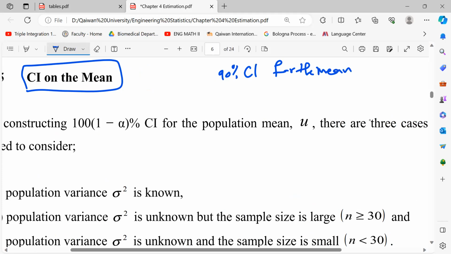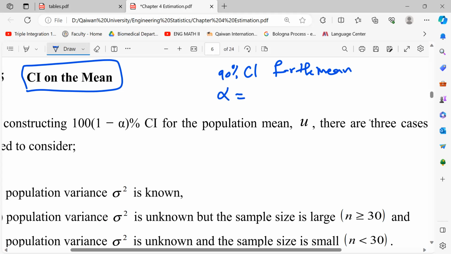In the example, it's given that find the confidence interval for the mean, for the variance, for the difference of variances, for the difference of proportions. It's given in the example. From the example, you directly know what case it is. To find this, we need alpha. What's alpha?